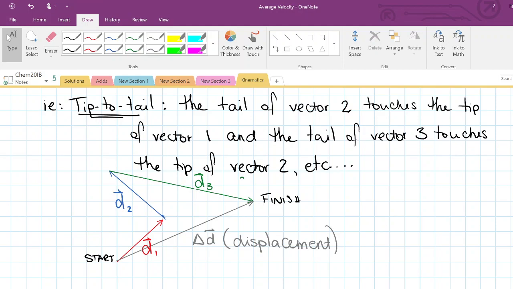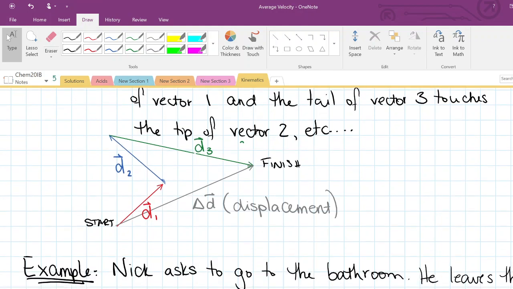Now, the tip to tail method, if you notice in this first segment here, the tail of the second vector is touching the tip of the first. They travel a third displacement here. The tail of that third vector is touching the tip of the second vector. And then the displacement, or the resulting vector, always starts tail to tail with the first vector, and it finishes tip to tip with the last vector.